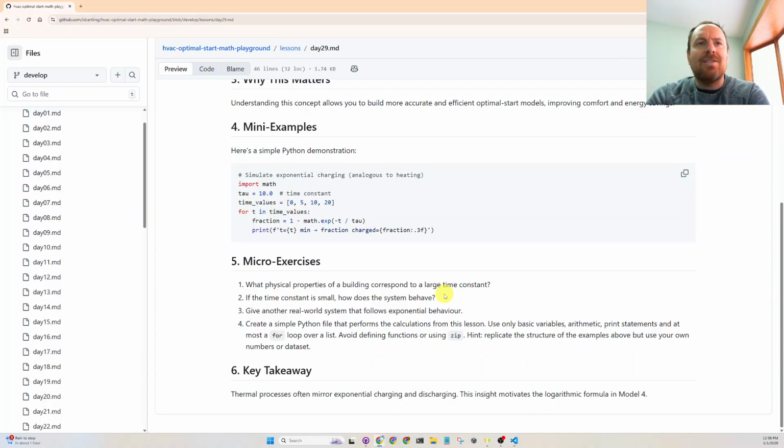I guess thermodynamics and heat transfer is where my mind goes. If the time constant is small, how does the system behave? That means the system will behave very fast, I think, if the time constant is small.